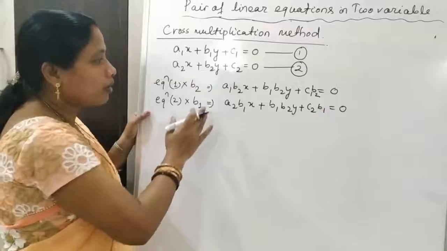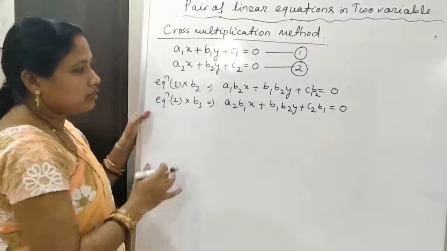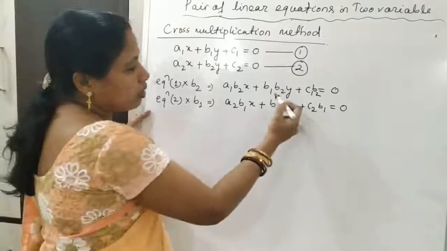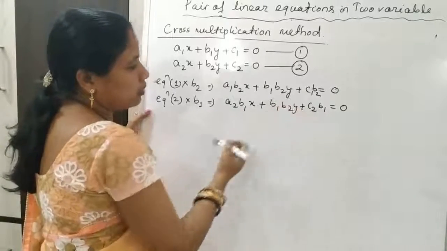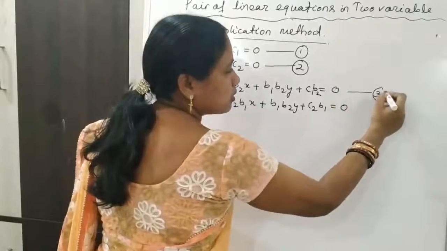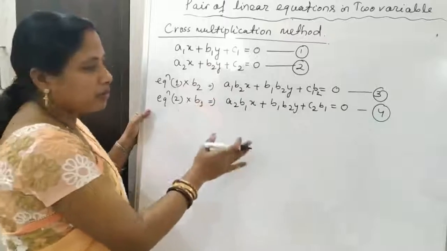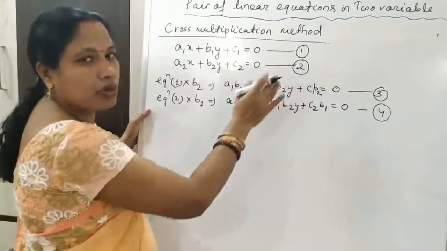Here I have followed the elimination method to find the values of x and y. The coefficients of y are equal, so I will subtract. This is equation 3 and this is equation 4. Now I will subtract equation 4 from equation 3.